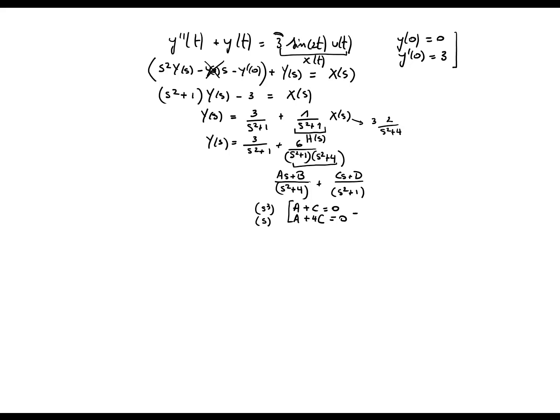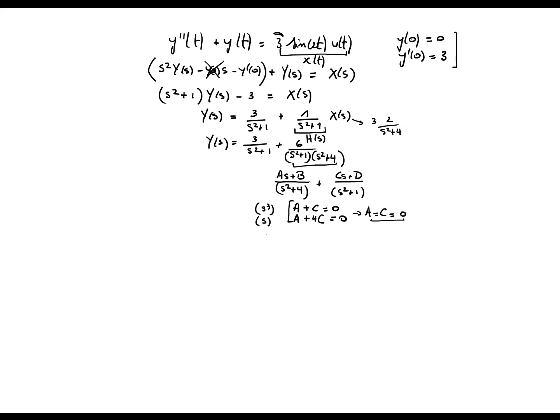So this will lead to a equal to c equal to 0. If you get a bit of experience, you'll see immediately that the terms in a and c will only make terms in s cubed and s, and since we don't see them over here, we can very easily conclude that these coefficients are all 0.